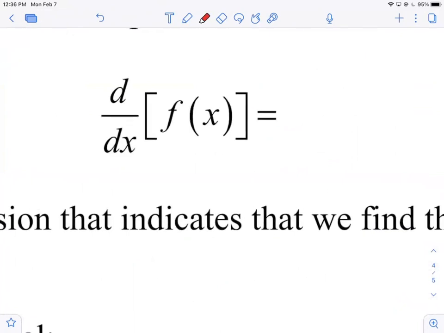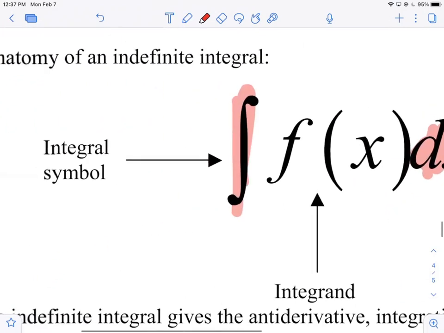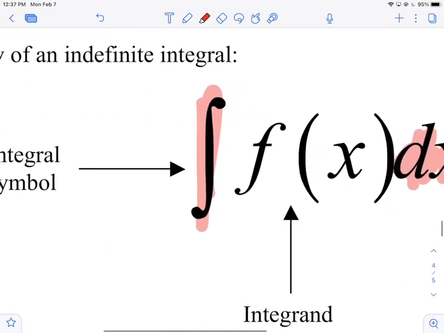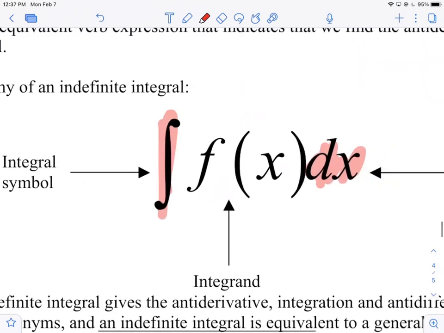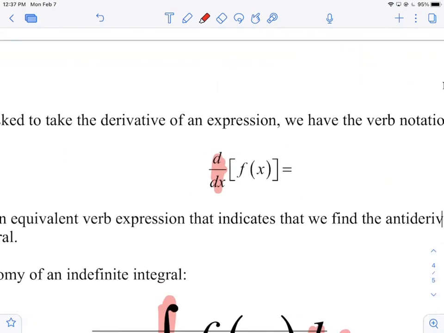So when we see this, we know what to do when we see this, right? This implies action. We have ddx, the verb, which says to take the derivative with respect to x of what follows. There is a verb format too for the antiderivative, and it's the integral symbol, the elongated s. The dx is called the variable of integration, but it's the same dx that's served up here.